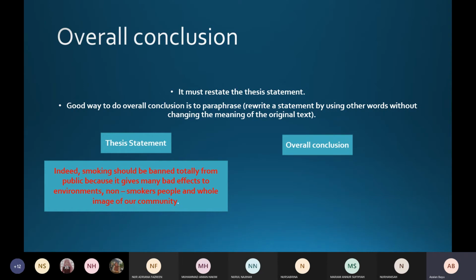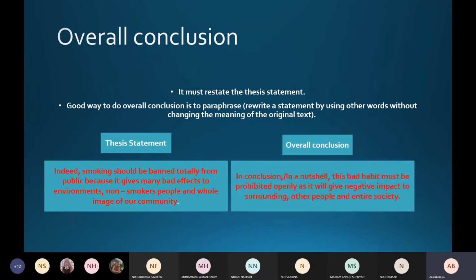You ubah certain words mungkin jadi synonym and so on, and then dia boleh jadikan overall conclusion. Macam ni, contohnya indeed, I tukar pada in conclusion because dia adalah conclusion. So in conclusion ataupun in a nutshell, this ban must be prohibited. So prohibited tu adalah sinonim dengan ban. Openly, public, sama. As it will give negative impact, bad effect, sama.